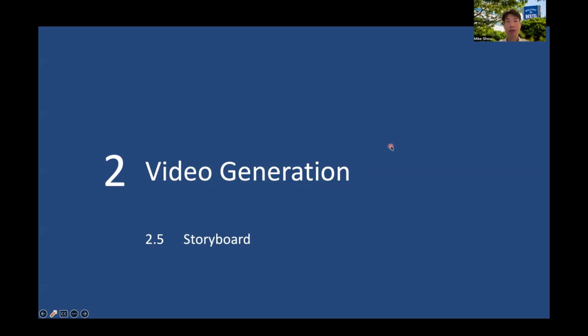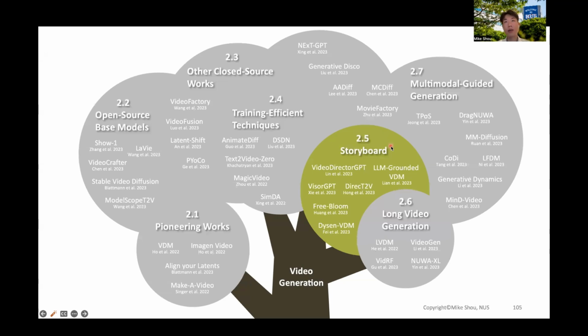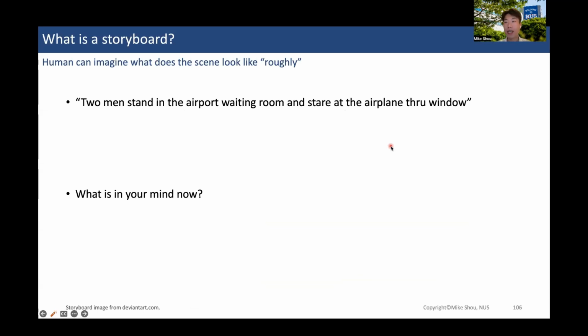So the first one I'd like to introduce is the so-called storyboard. There are quite a few works along this line already. What is a storyboard? Essentially, if I just told you this sentence, "two men stand in the airport waiting room and stare at the airplane through the window," what is in your mind right now?